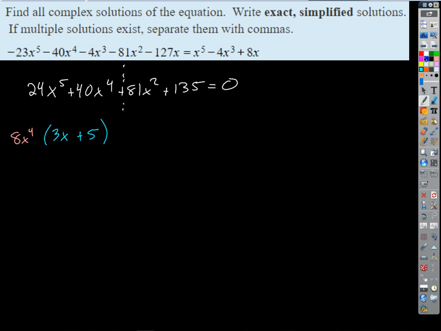Okay. Plus, we know we've got to have the same leftover if it's going to work. Okay, well, 3x times what is 81x squared? Okay.